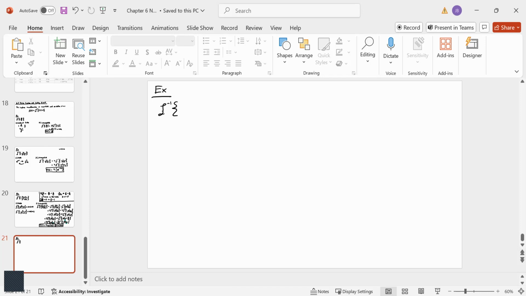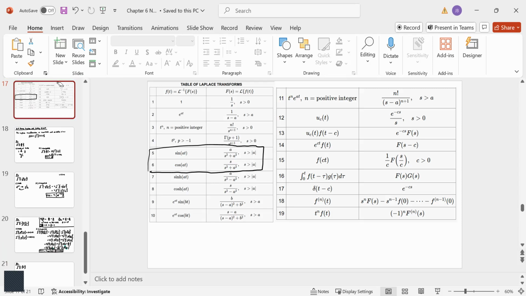So let's take the Laplace inverse of 7 over s cubed, like that. So we need to basically look at our table. That's the first step, the table. And we notice that it's s to some degree, right? So if we go back to our table, there's a few of them, but chances are it's going to be t to the n.